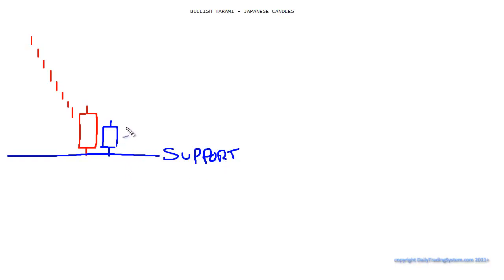The next candle then needs to close higher than the previous day's high.